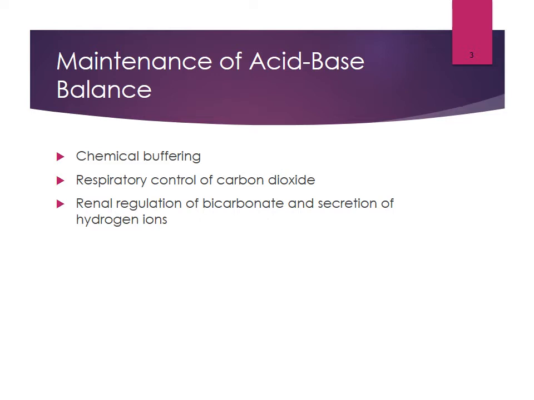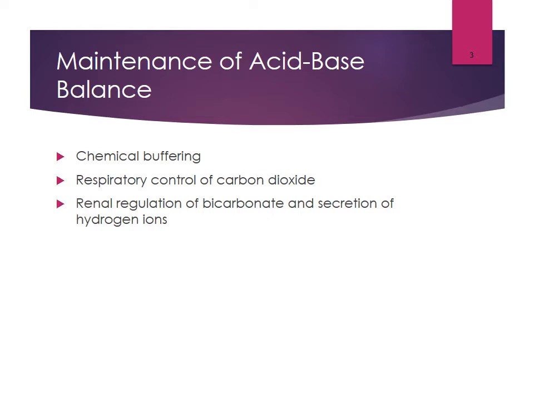So when we say acidosis, we mean the pH is below 7.35. Therefore, the respiratory rate and depth will increase to remove carbon dioxide and raise the blood pH. Kidneys will excrete hydrogen ions and conserve bicarbonate to raise the blood pH. That's acidosis. In alkalosis, the pH is above 7.45.